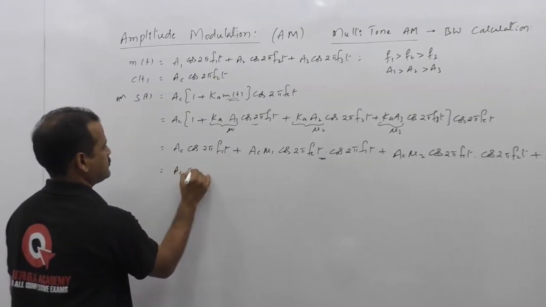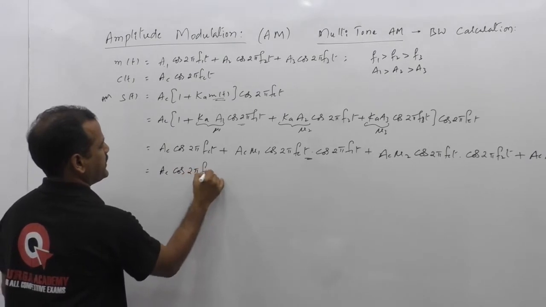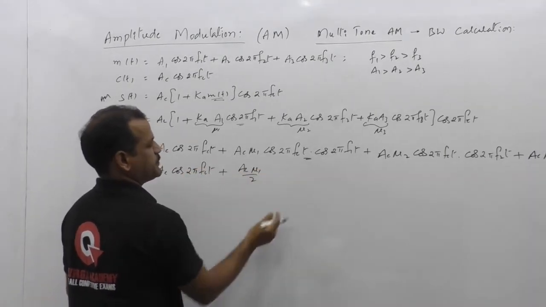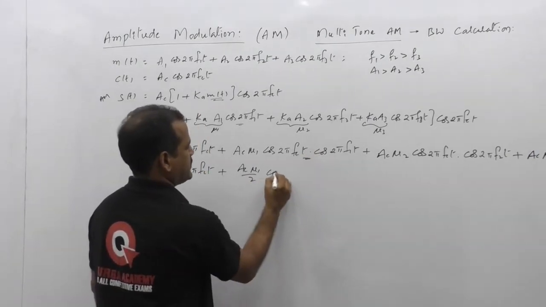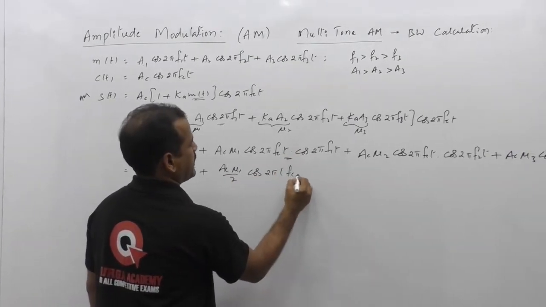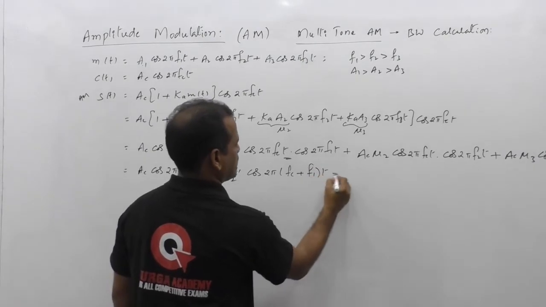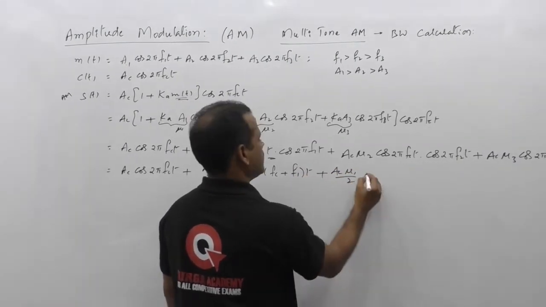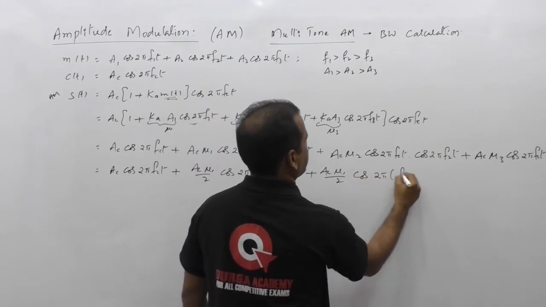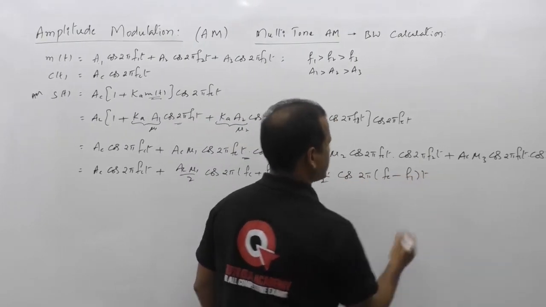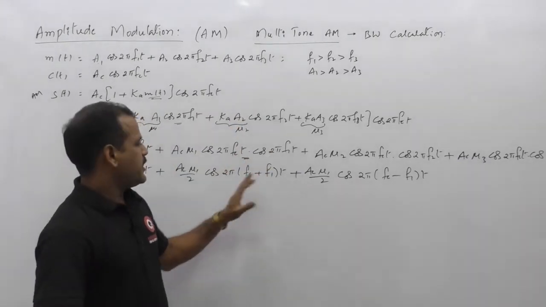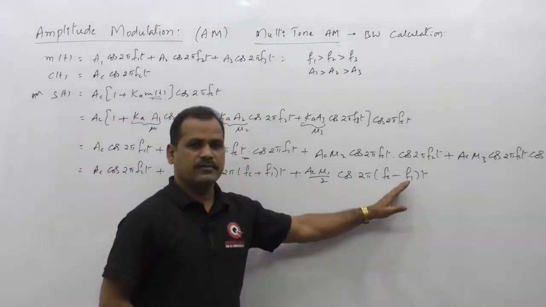First term is as usual AC cos 2 pi fct, and then AC mu1 by 2 cos 2 pi fc plus f1t, and then the cos C minus D term, AC mu1 by 2 cos 2 pi fc minus f1t. Observe I have divided cos C cos D into cos C plus D and cos C minus D terms.